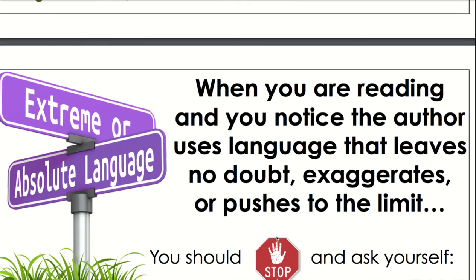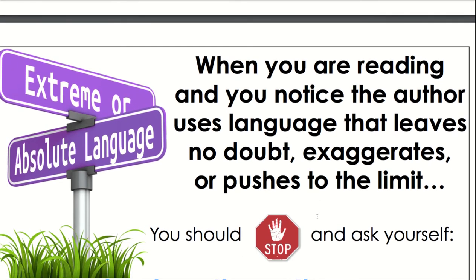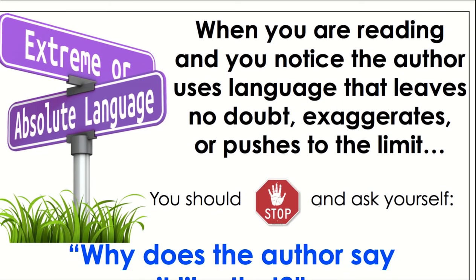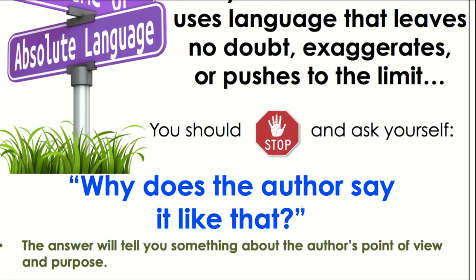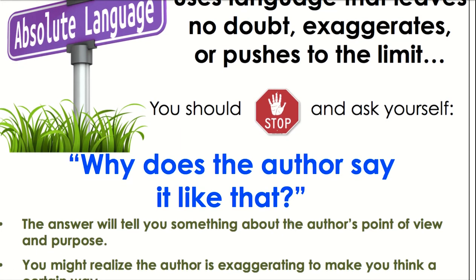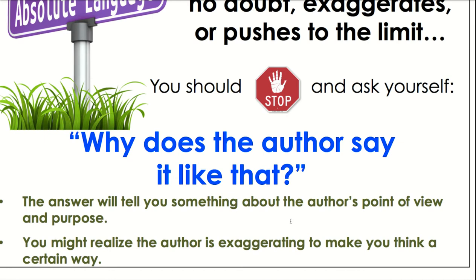When you're reading and you notice the author uses language that leaves no doubt, exaggerates, or pushes to the limit, so this is extreme, absolute language, stop and ask yourself, why does the author say it like this? The answer will tell you something about the author's point of view and purpose, and you might realize the author is exaggerating to make you think a certain way.